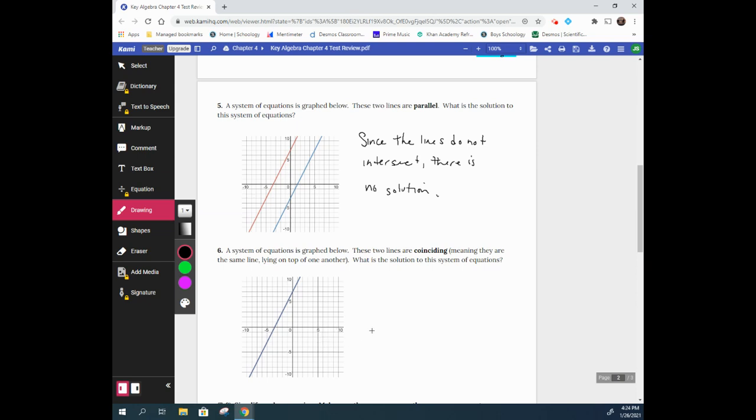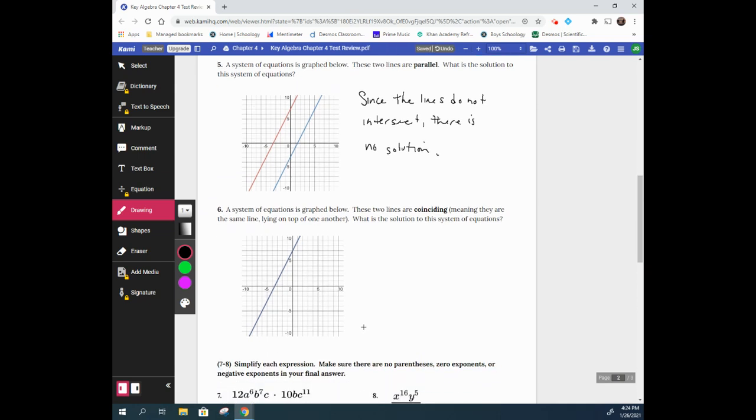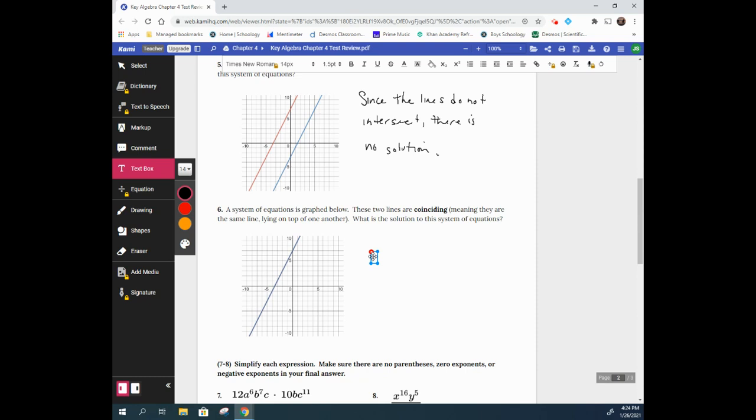All right, number 6, a system of equations is graphed. These two lines are coinciding. That means that they coincide. One is right on top of the other. It's the same line. What is the solution to this system? If you have one line and on top of it you put another line, how many places do they intersect? They intersect at every single point. So that means there are infinitely many solutions.